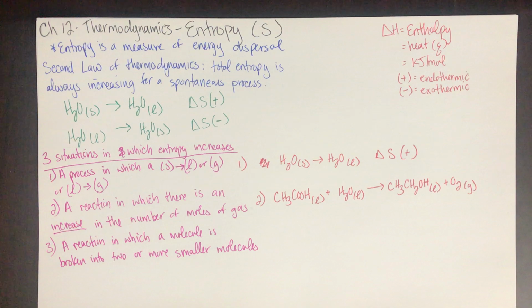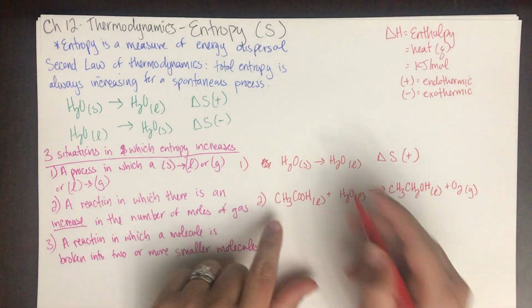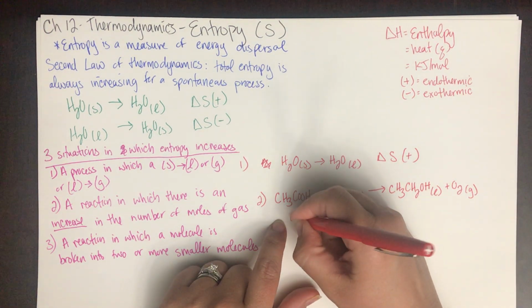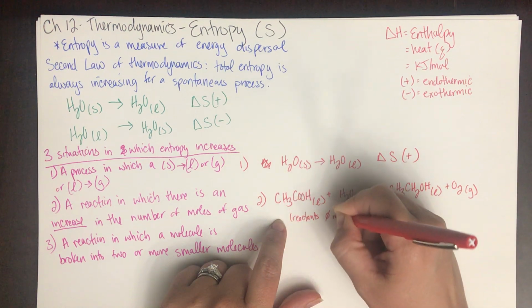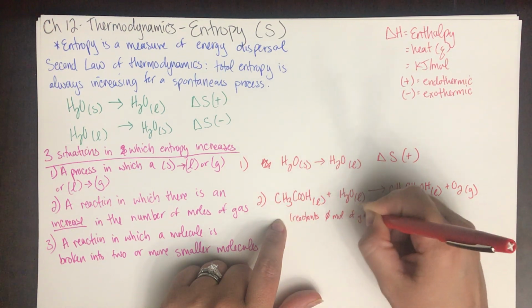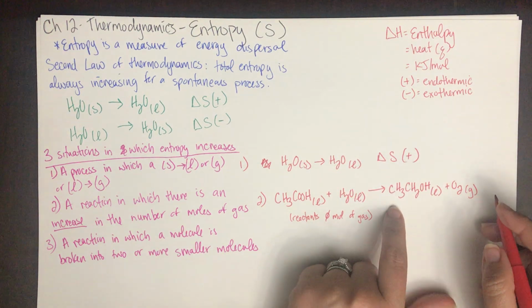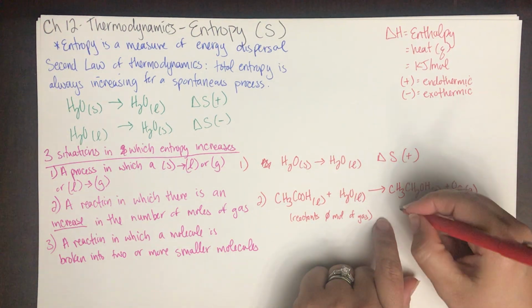So this is an example where on this side the reactants have 0 moles of gas, and this side on the products has 1 mole of gas.